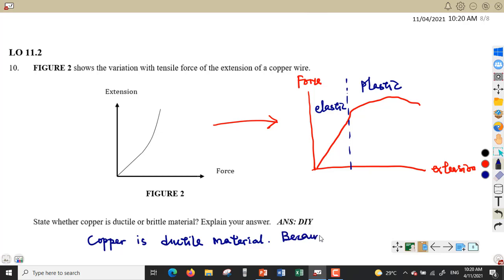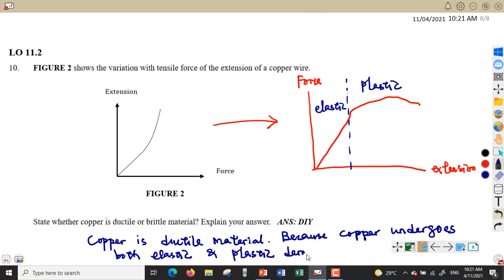Because copper undergoes both elastic and plastic deformation. Okay, so that is our reason. Alright, so we're done with question 10.